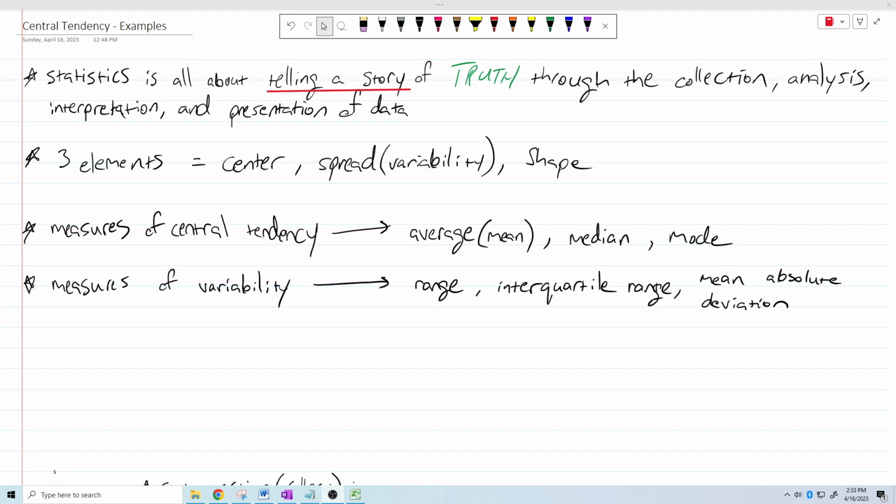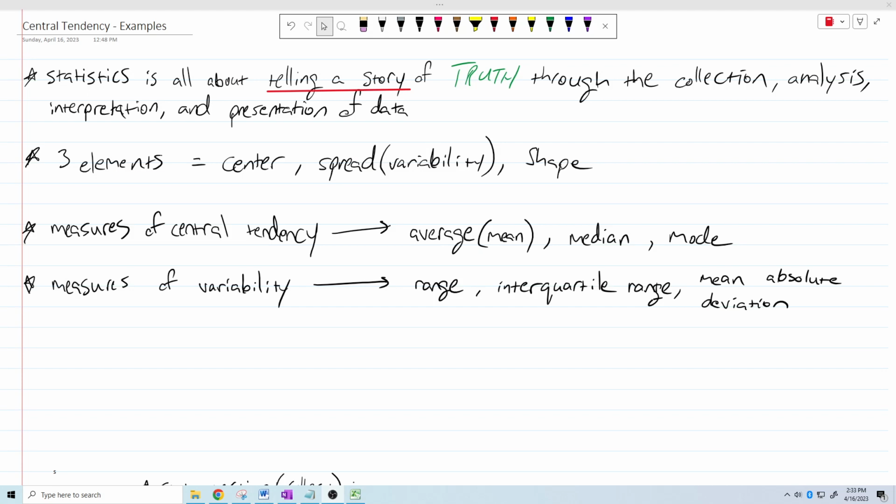The math that I mentioned: we have mathematical measures of central tendency, and we also have mathematical measures of variability. You need to be familiar with what these are. There's more than just what's listed here, but for our purposes, these are what we want to focus on.